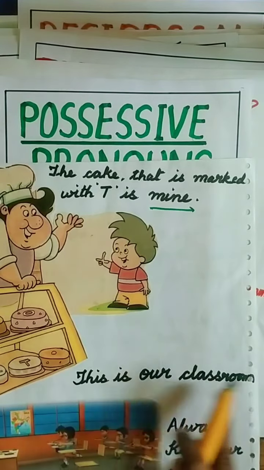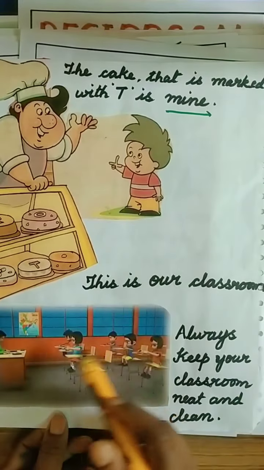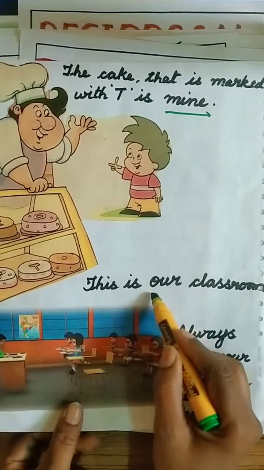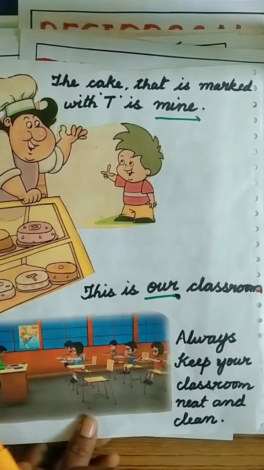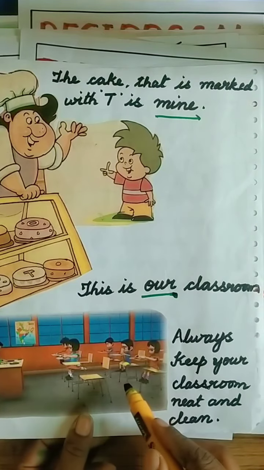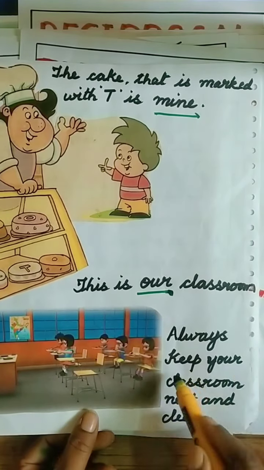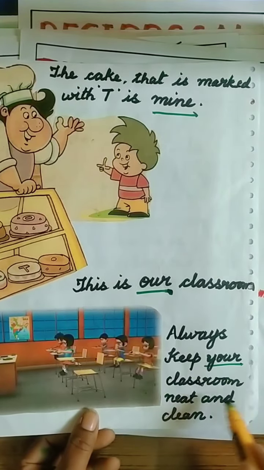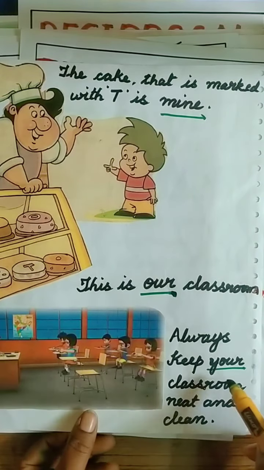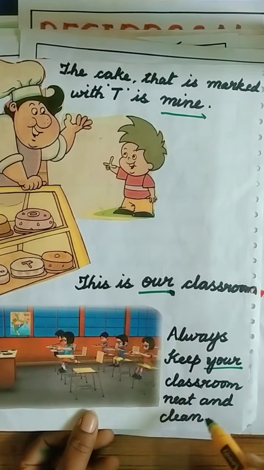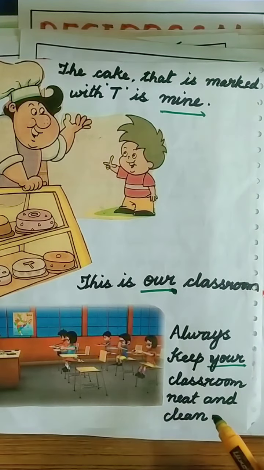This is our class. So the children are saying that this is our class. Okay, and the teacher again says to the students, always keep your classroom neat and clean. The teacher says to the children, your classroom should be kept neat and clean.